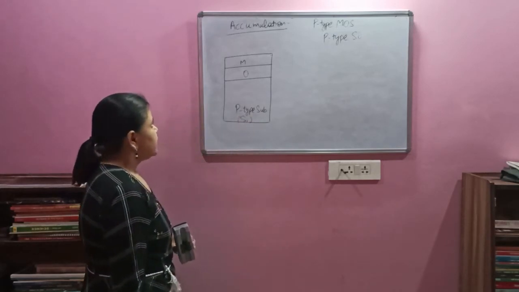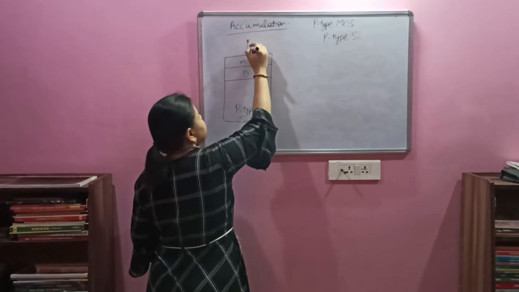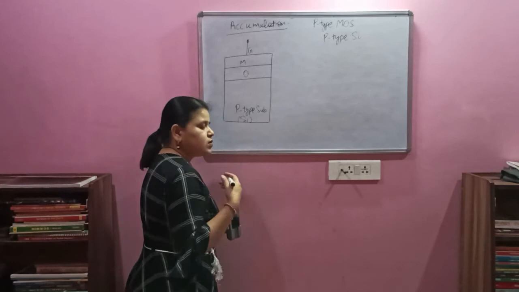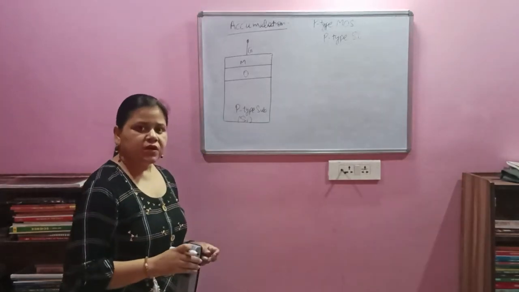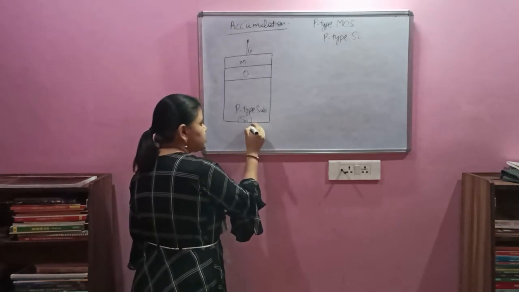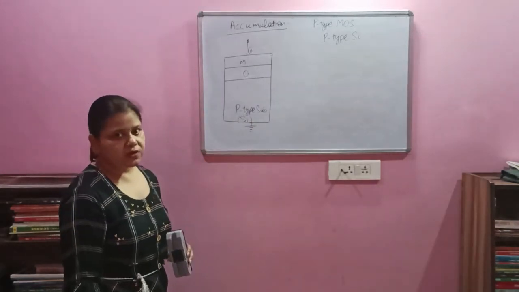The top side is known as the gate, and this is the substrate. For all the processes, accumulation, depletion, inversion, we take the substrate at ground potential as a reference terminal.